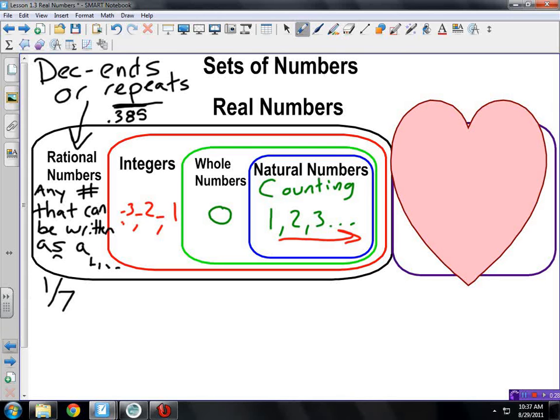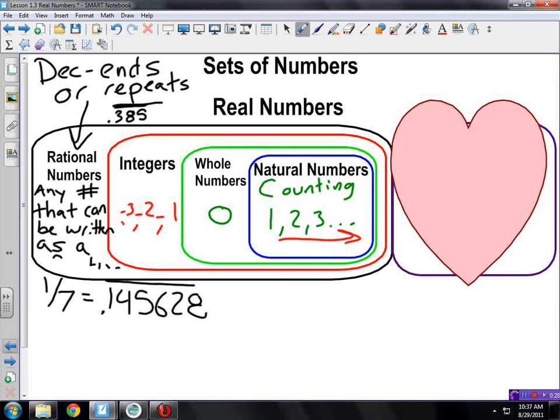Let's see if I can remember it all the way. I think it's 0.142857. So it repeats 6 numbers, and then it repeats, and it'll go 1, 4, 2, 8, 5, 7 again. So does this one repeat one number?